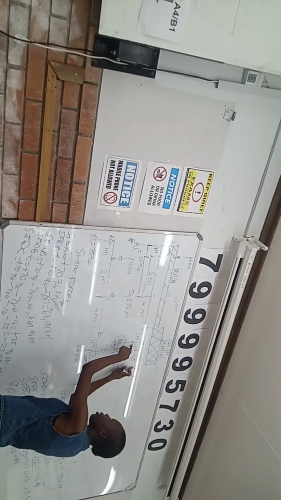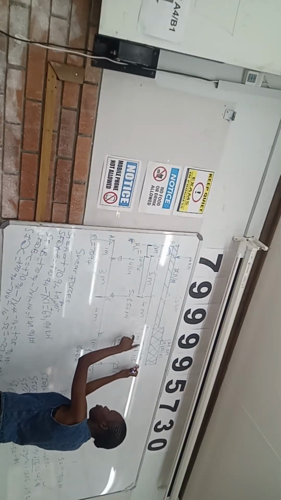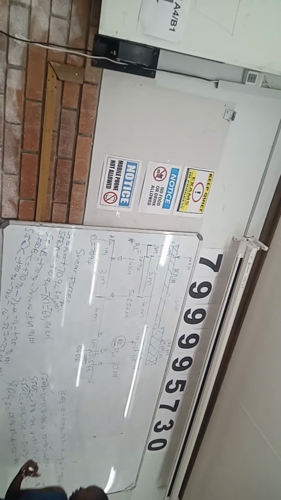When we are at E to F, our UDL distance is 1 plus 0.5 plus 1.5, which is 3. So that is 9 times 3. Again we're at E to F and the UDL is 9, covered with the distance.